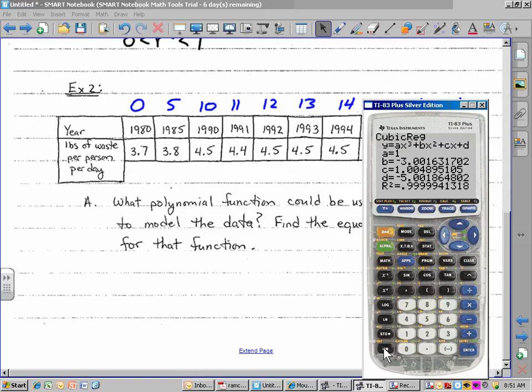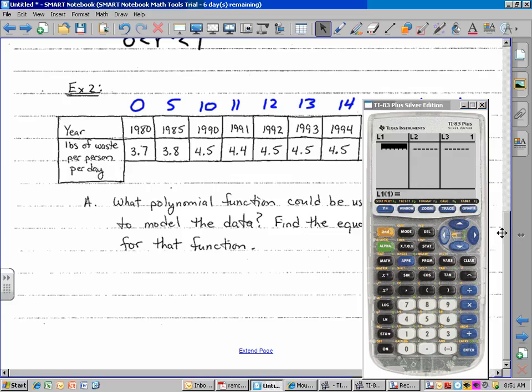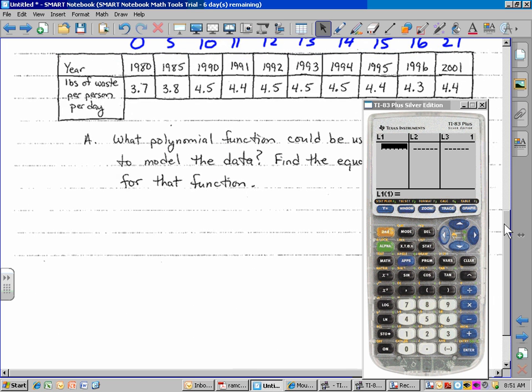Okay, so we'll go back to the calculator in Stat, Edit. Now I'm going to clear out my lists. So I'm going to go to L1 and hit Clear, not Delete. L2, Clear. That clears out everything that was in there. Okay, so put this data in.